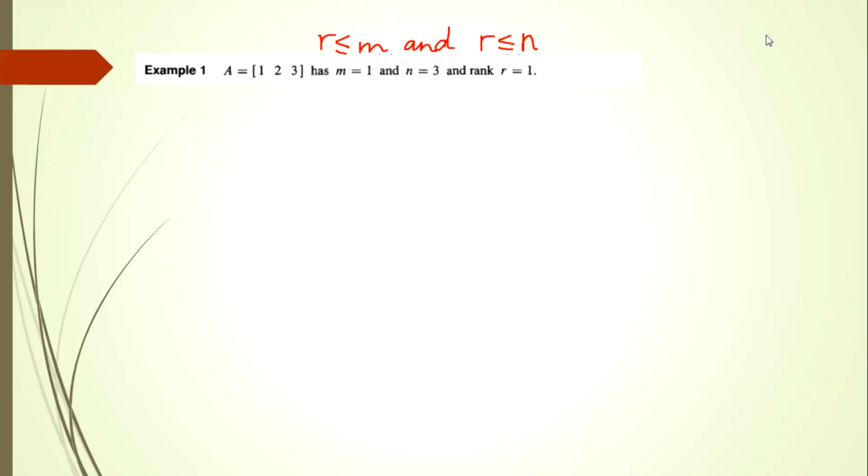So the rank should be less than or equal to the number of rows M, and also less than or equal to the number of columns. So it should be less than or equal to the smaller of those 2 values. So R is less than or equal to 1, and it's 1, right? The rank is 1, and there is 1 row. And by the way, we haven't discussed the rank R equals 0. This A is not a 0 matrix. Of course, the rank cannot be 0.